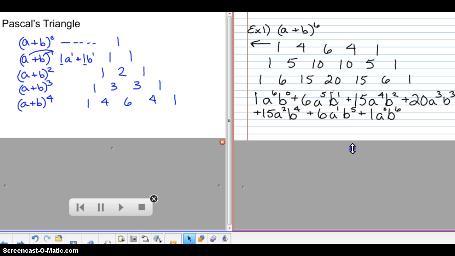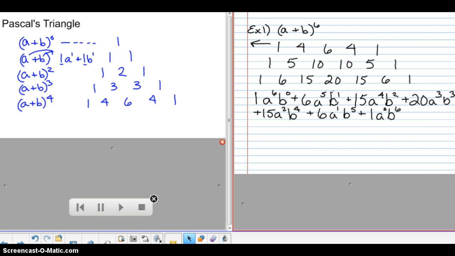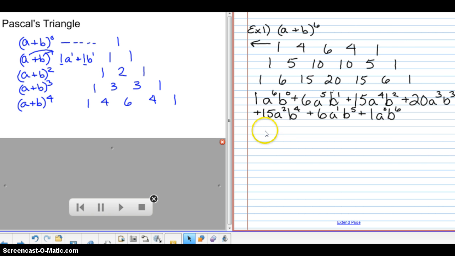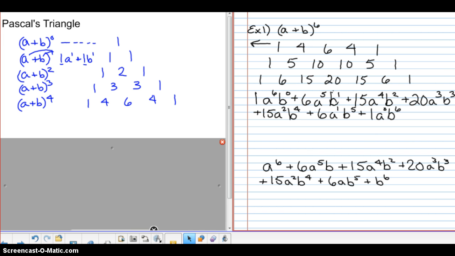So it looks like this more simplified, which is A to the 6th plus 6A to the 5th B plus 15A to the 4th B squared plus 20A cubed B cubed plus 15A squared B to the 4th plus 6A B to the 5th plus B to the 6th. Notice there's no 0 powers and there's no 1 powers because we always just ignore them.